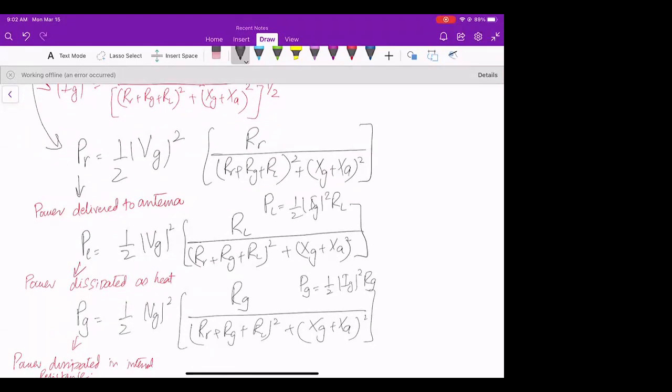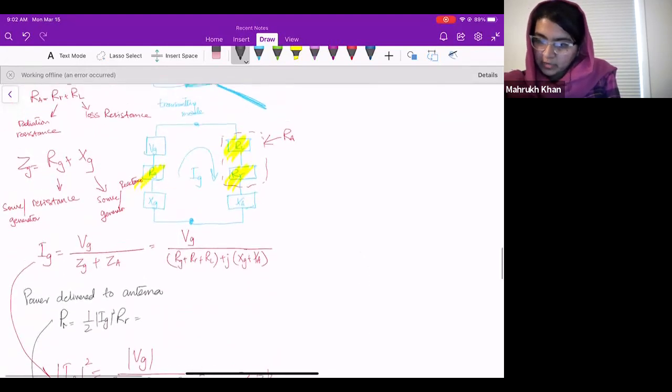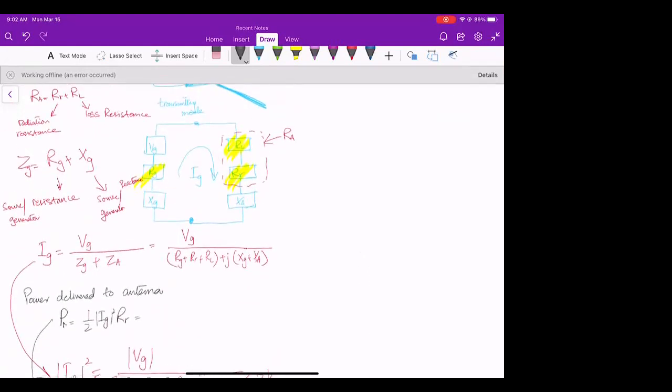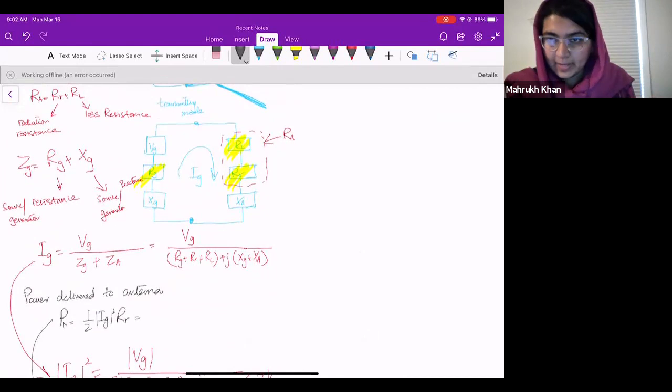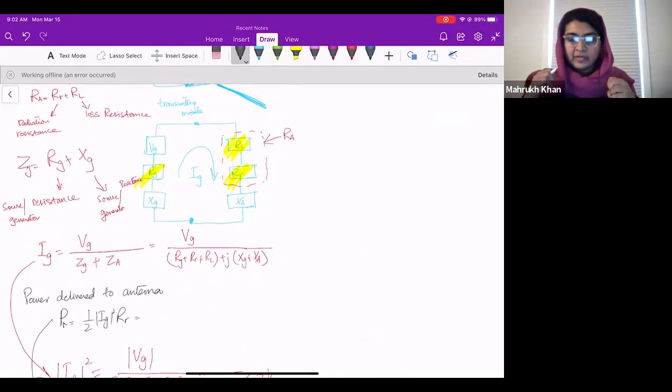So RR is the power delivered to which one? To the source? Okay, so what I'm saying here is, you know the real components are the real powers, right? And the imaginary components are the stored energy, right? We know that. So XA and XG, we are not considering because they are reactances, they are stored energy. The only real power that we are considering is across resistances.